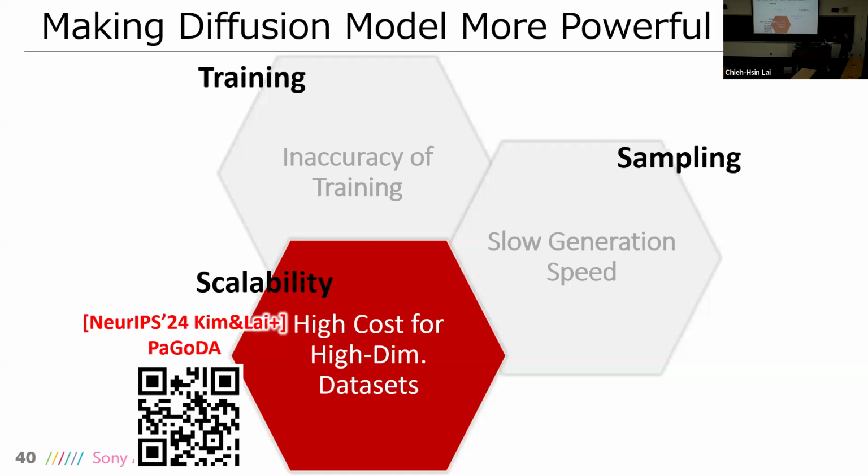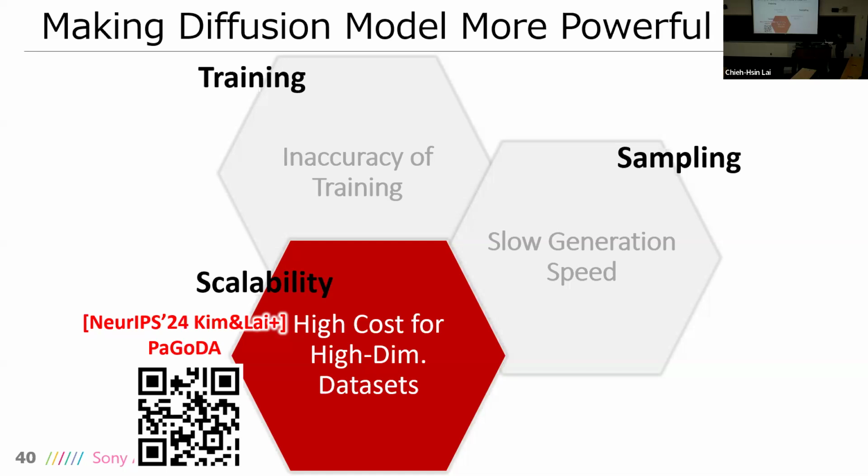Plus, if you want to do the distillation tricks, you need to first train a high resolution diffusion model, and then train the distillation on top of that. So there are two-stage procedures, which are extremely expensive and tedious.